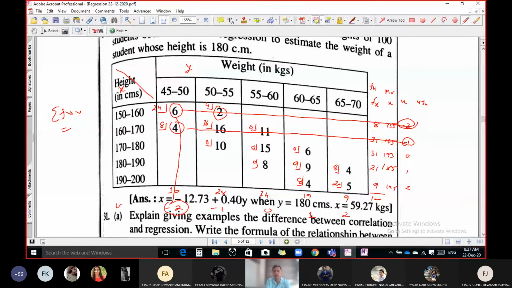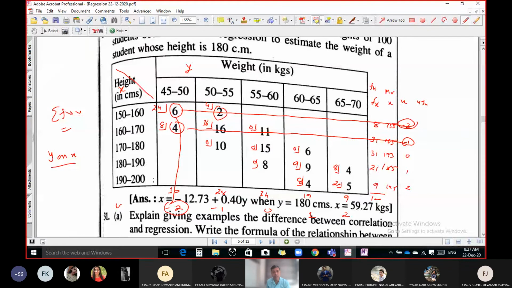Okay. Maybe this answer does not match, but your final answer should match. Once you assume this is x and this one, weight, is y, the question is to estimate weight for the height of 180. So height is given as 180 and you have to estimate the value of y. So instead of the regression line of x on y, here you have to use the regression line of y on x.